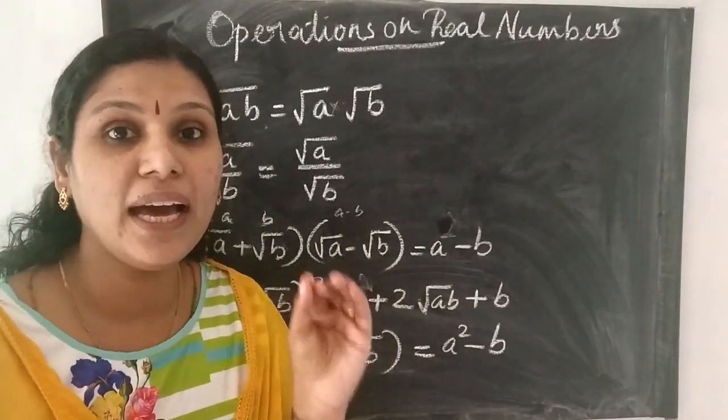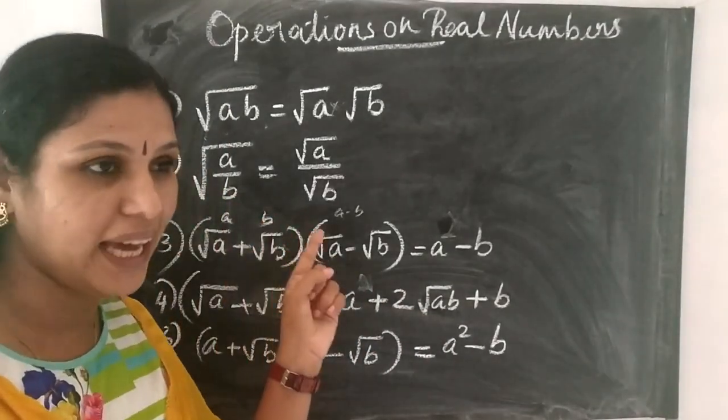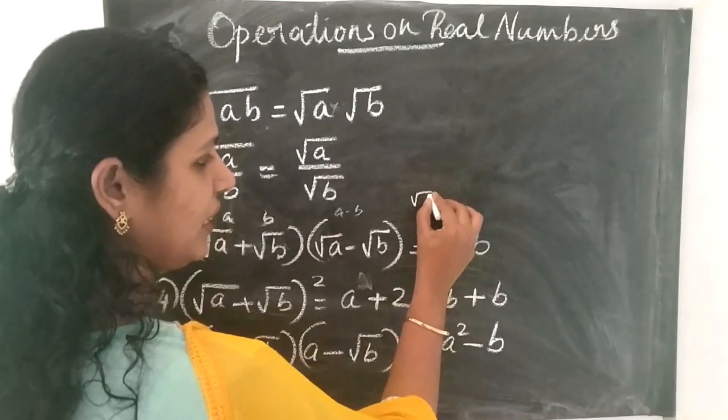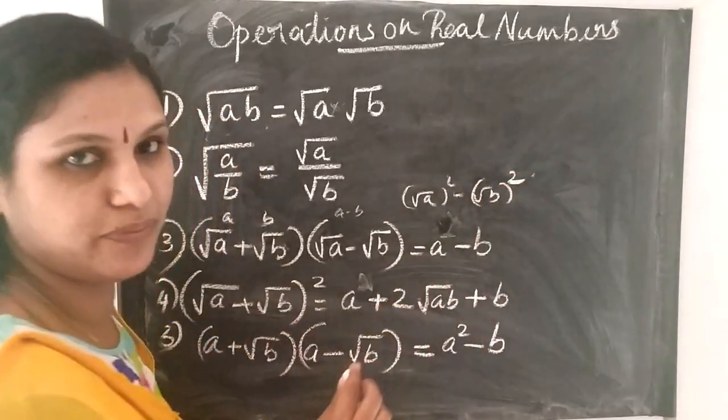That is A square minus B square. Like that, here we get root A square minus root B square.